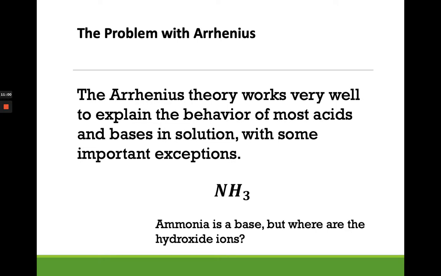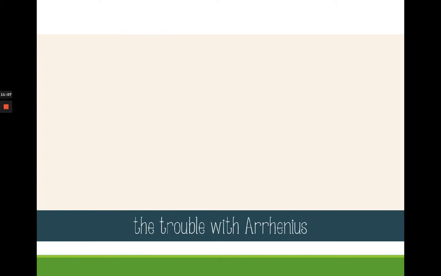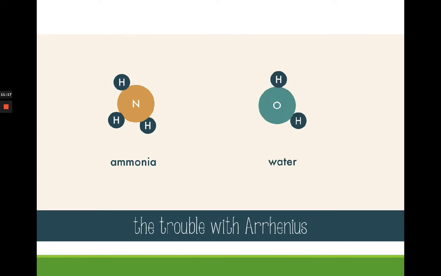So that is why another model evolved. The Arrhenius definition, it turns out, is too confining for all acids and bases. For example, ammonia is basic, but there's no hydroxide on ammonia. In the presence of water, however, it will react to produce hydroxide from the water molecule.